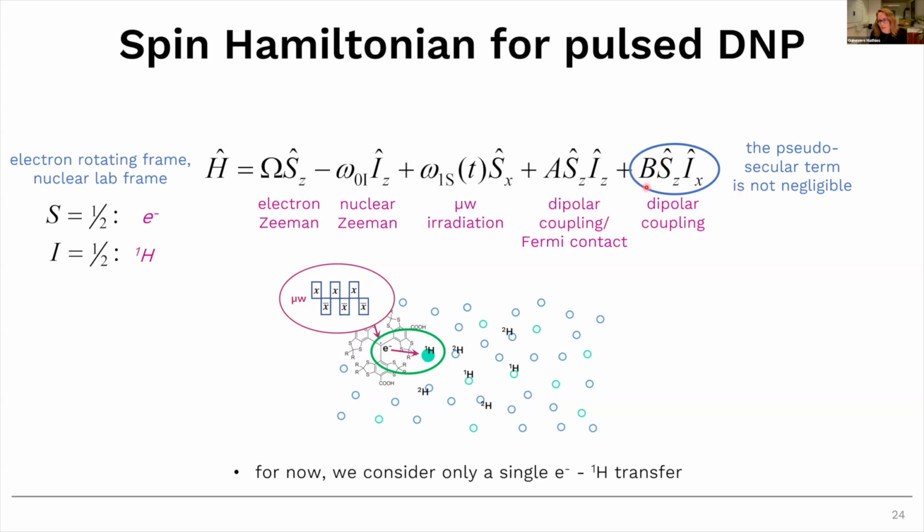And therefore, yeah, you cannot neglect these terms. And it's a very different situation that you have when you compare the gyromagnetic ratios of a proton and a carbon. But the difference, or the ratio of the ratios, is just a factor of 4. Now, as we'll see in a bit, this term is actually responsible for DNP. So we consider this spin system, and also for now, we're just going to consider a single electron-proton transfer in our description.